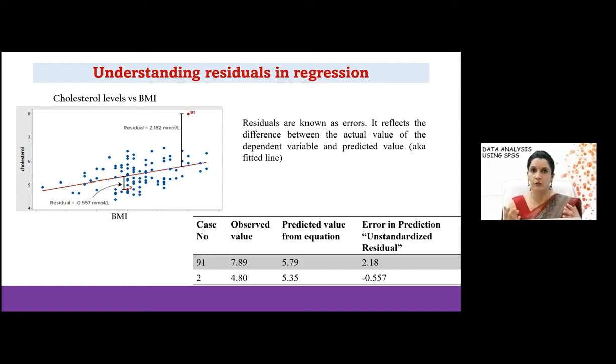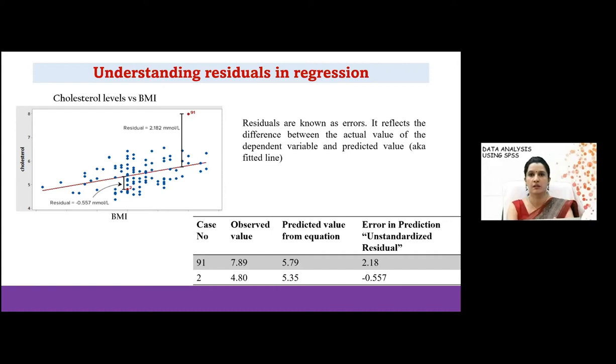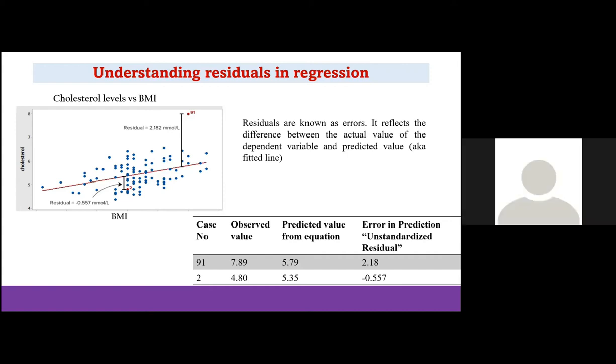If I understand correctly, it is almost analogous to the mean and error, the way we calculate the error, where we deduct from the mean, so for the mean value plus or minus we calculate the error. Is it similar?